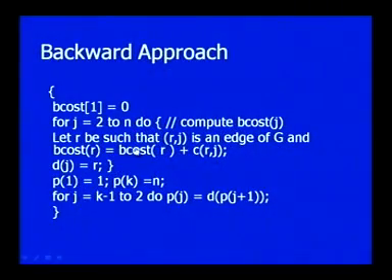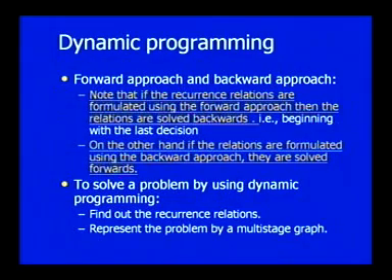So, let R be such that R comma j is an edge of G, and we are going to update the cost and then record everything into dj, and the path can be easily obtained from the reverse, and this is the way in which the path can be extracted.